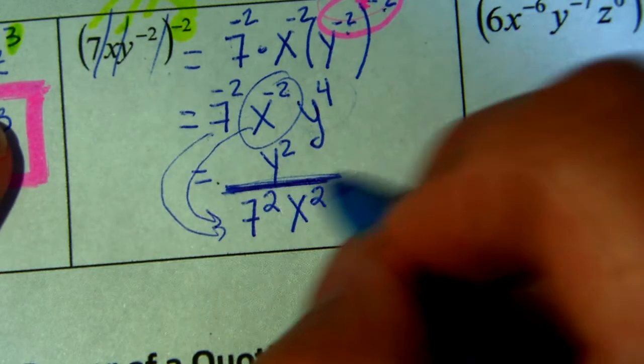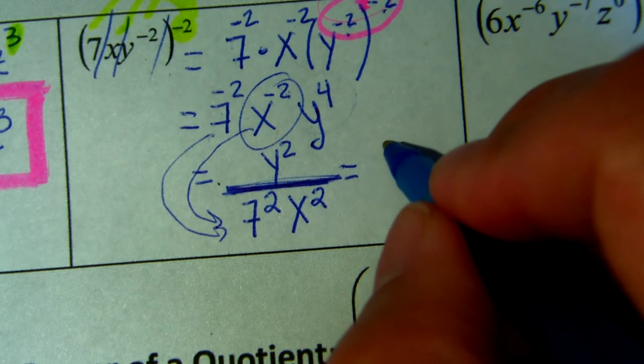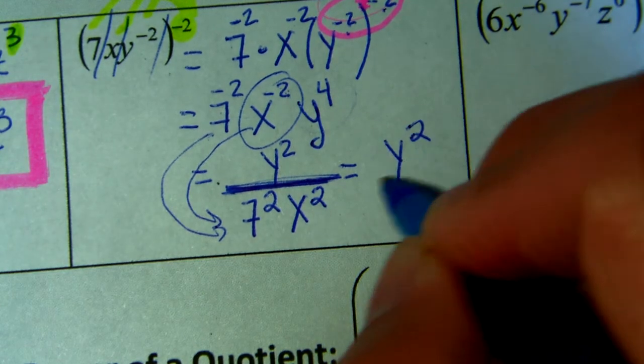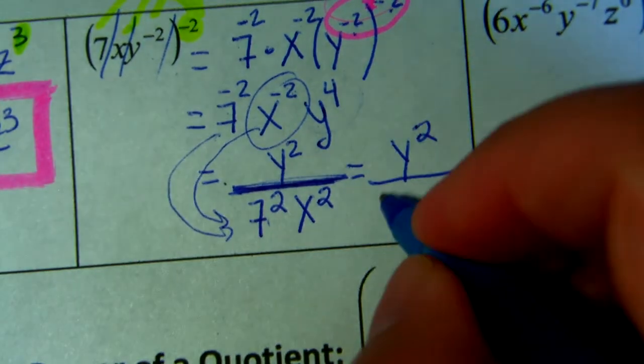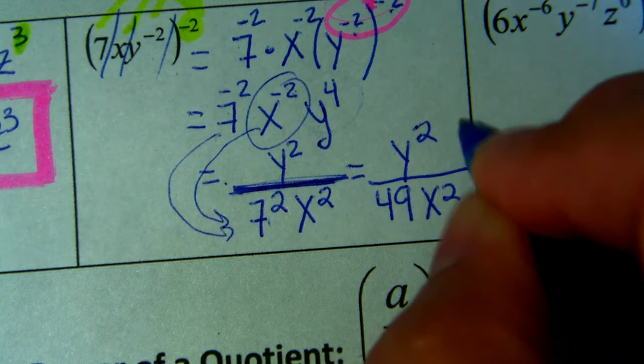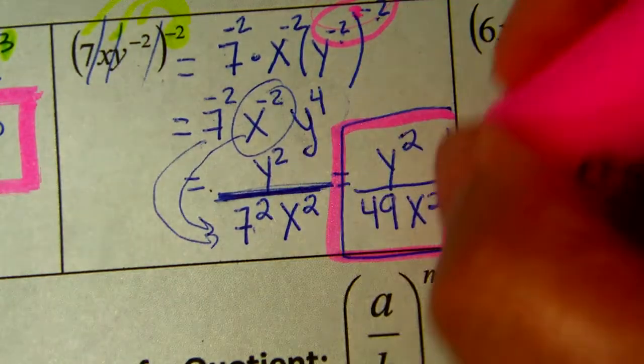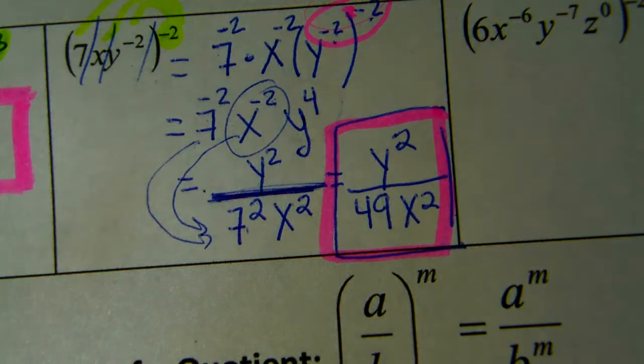Since we have a number right here, a coefficient that has been sent as a denominator, we can just simplify this. 7 squared is 49, and this one stays like that. So this is our answer. And we applied what we also learned yesterday about negative exponents.